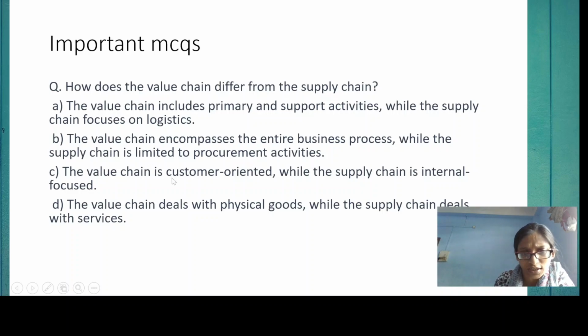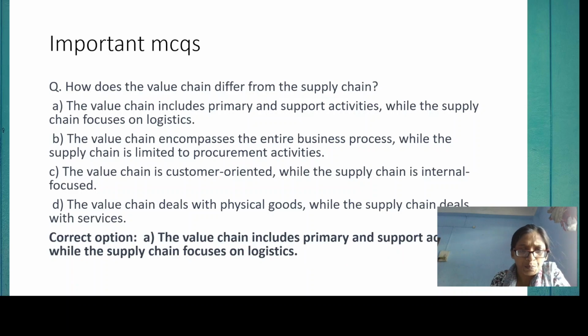Option C: the value chain is customer oriented, while the supply chain is internal focused. Option D: the value chain deals with physical goods, while the supply chain deals with services. The correct answer is option A: the value chain includes primary and support activities, while the supply chain focuses on the logistics part.